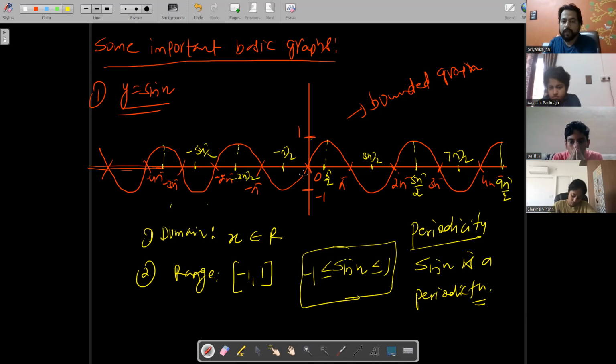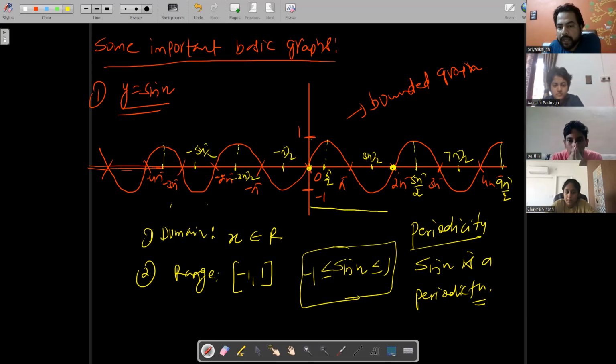Like you can see, you can start from anywhere. You can start from the origin. See, you go like this, like this, like this. You reach here, right? Now, from this point, you can again see that it takes the same shape it took at the earlier point.